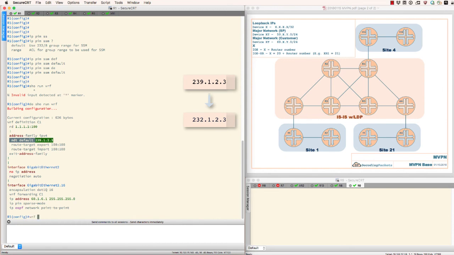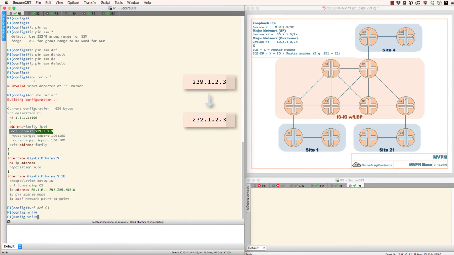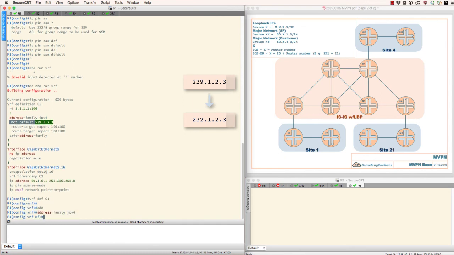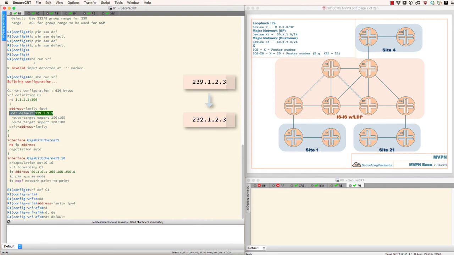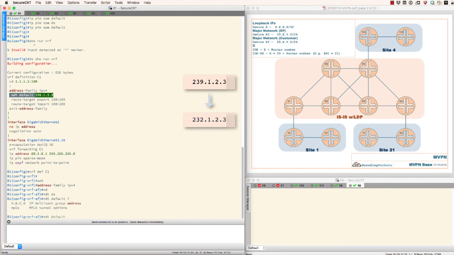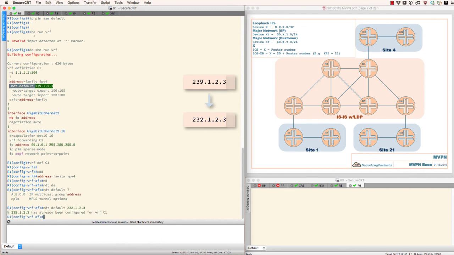So VRF definition C1, address family IPv4, and then MDT default. And as you can see here, it doesn't really care which sort of group it is. The router's multicast protocol defines that. So 232.1.2.3.